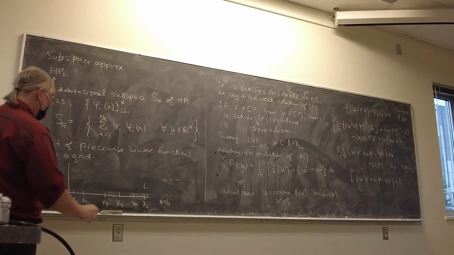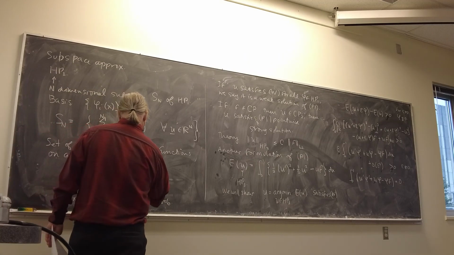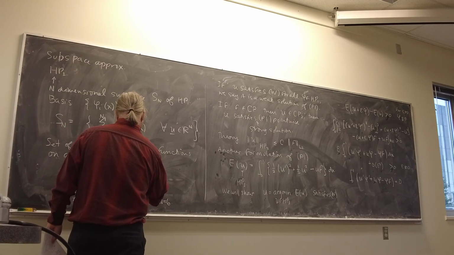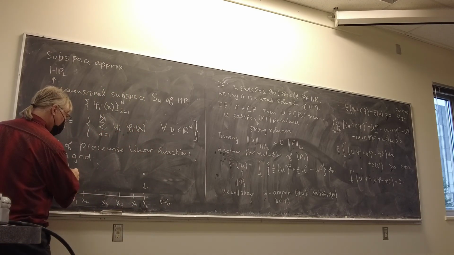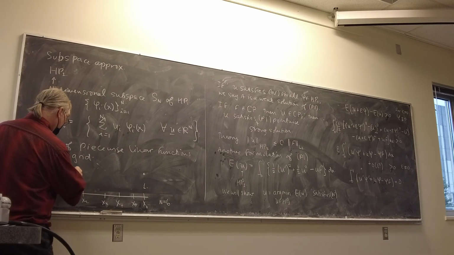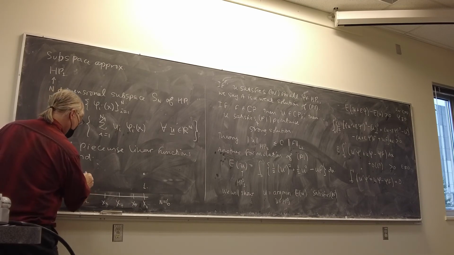And what kind of functions can I get? Well, if they're periodic, then the value at the beginning and the end has to be the same. But it's just going to be piecewise linear, but continuous.